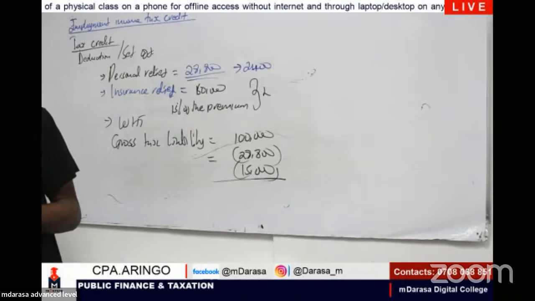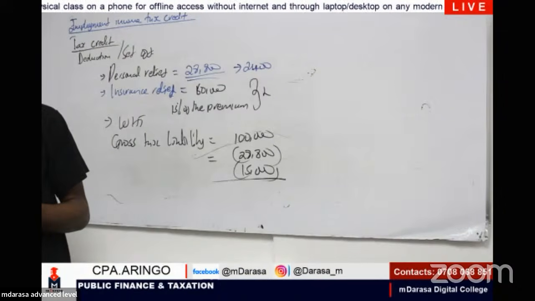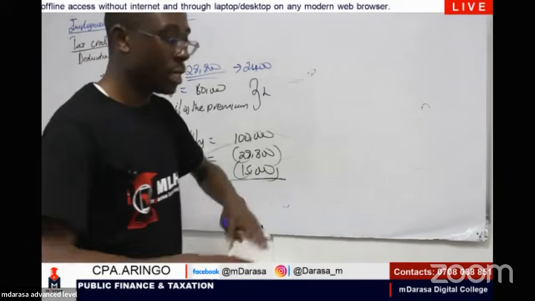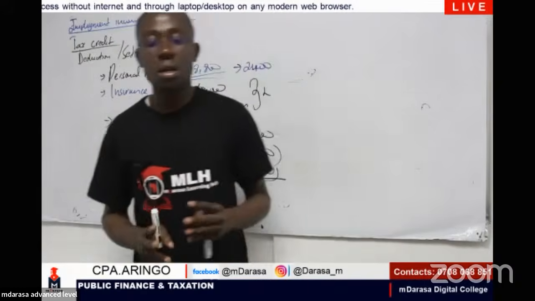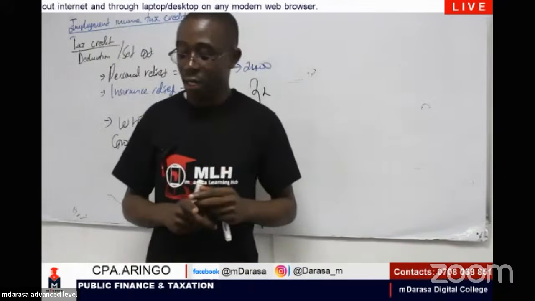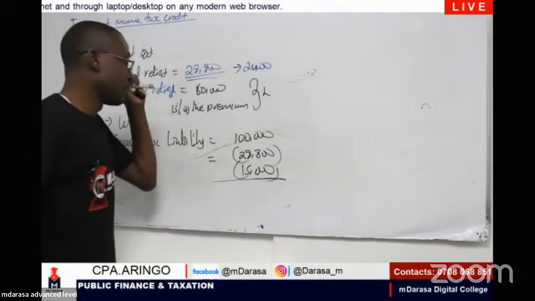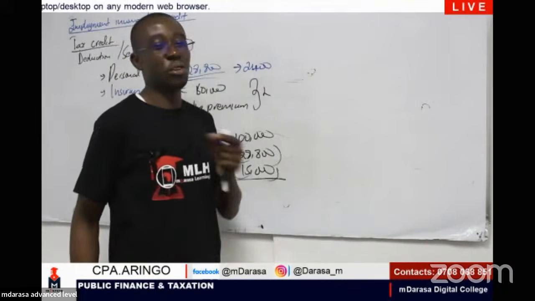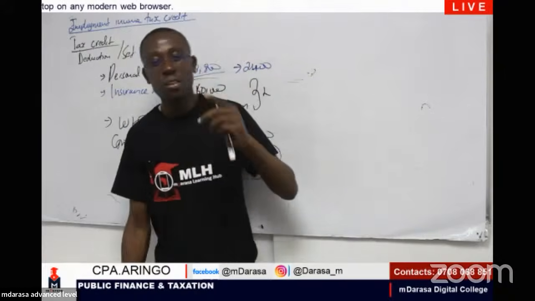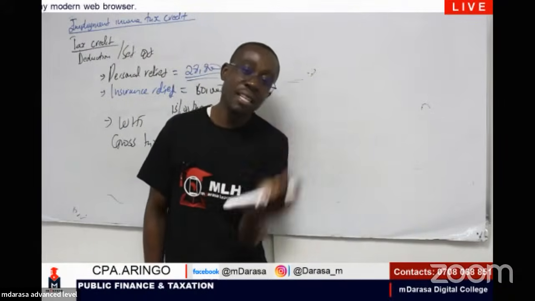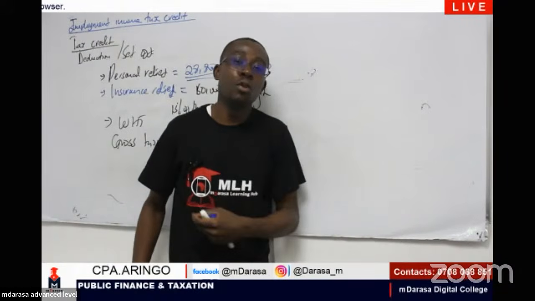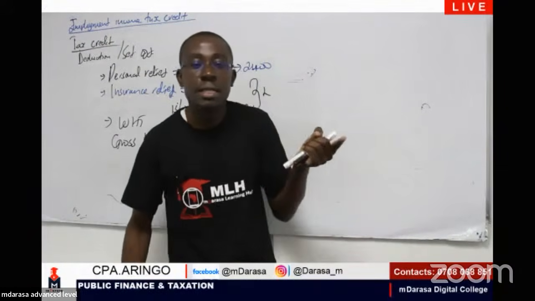So, looking at that, my good students, it will be very important for us to understand the individual graduated scale rate before we jump, because after this, you're done with employment income, and you'll be my witness.